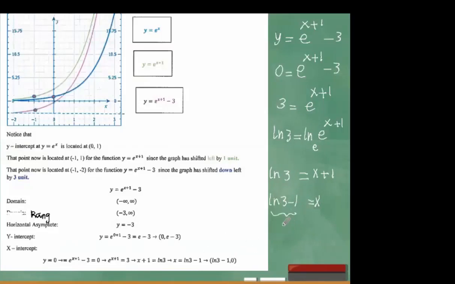So my x-intercept then would be equal to natural log of 3 minus 1, comma 0. And here, if I have natural log of e to the power of x, that would be equal to x. That's what we're using, because the base is e. So this x plus 1 just simply moves to the next step here.